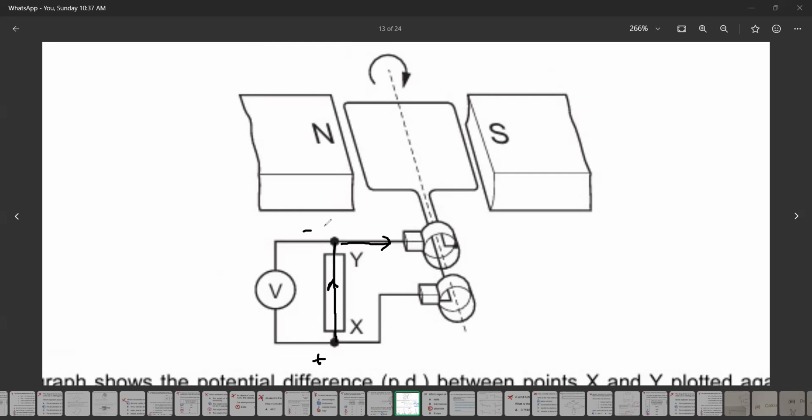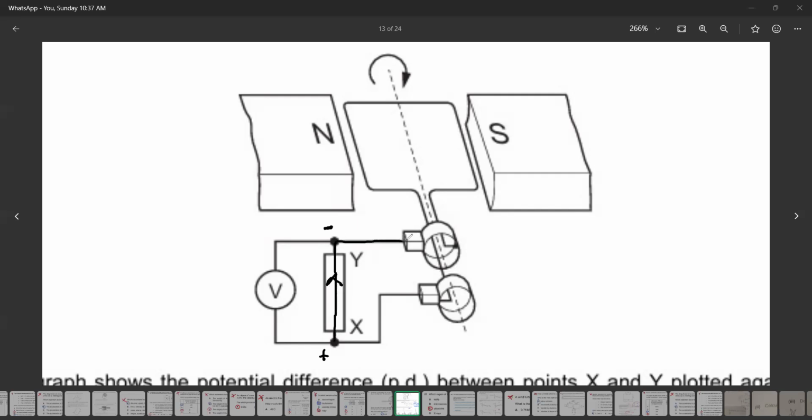Or like if I use a complete circuit, this is negative, this one is representing positive. So the direction of the current, conventional current, is from positive to negative.